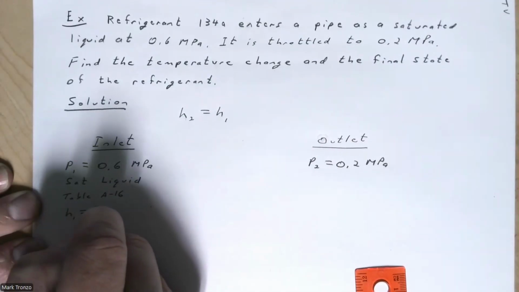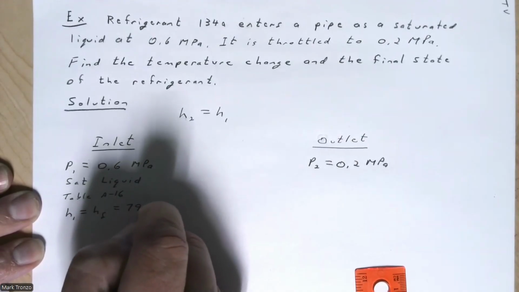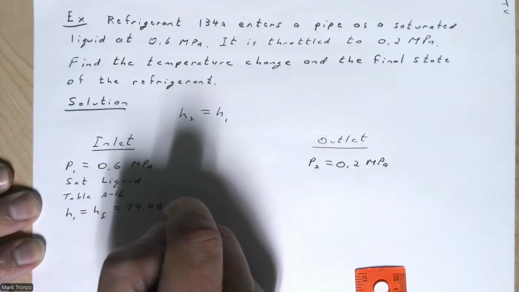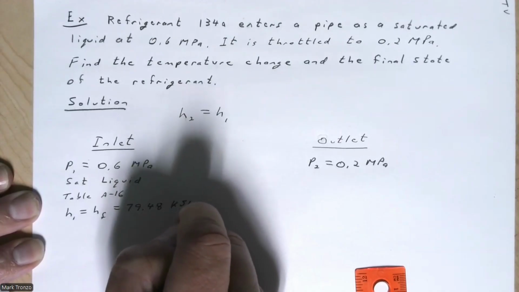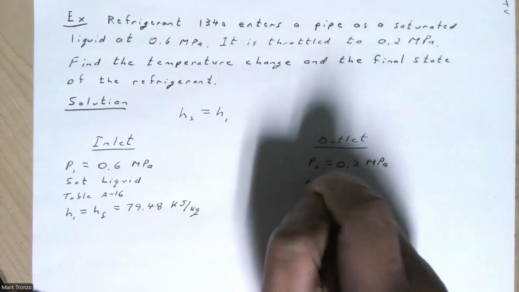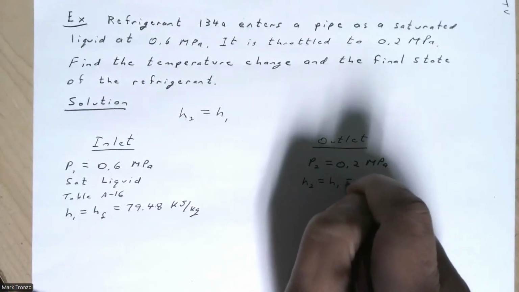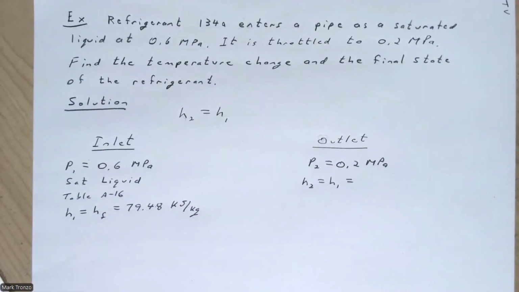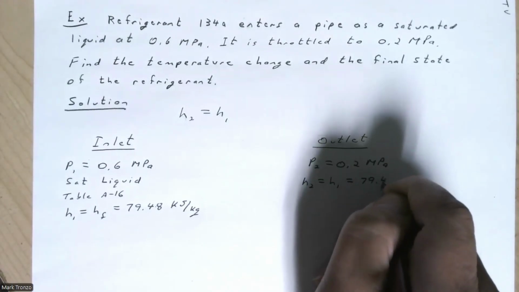H1, of course, it's going to be Hf, 79.48 kilojoules per kilogram, like this. Now we know that H2 is going to be equal to H1. So it's also going to be that 79.48.